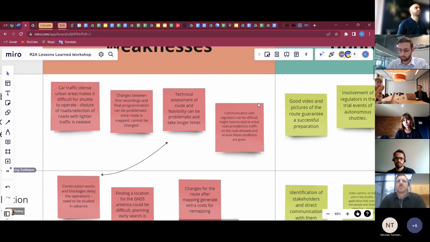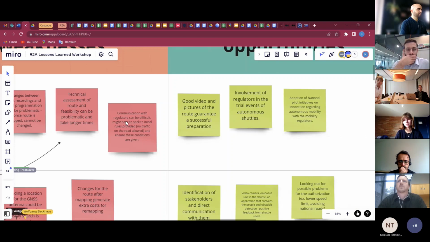Also, the changes between the first recordings and final programmation could be problematic. So the moment the road is selected and was mapped out, if there were some issues arising, it was quite difficult to deviate from the initial plan and was causing delays.